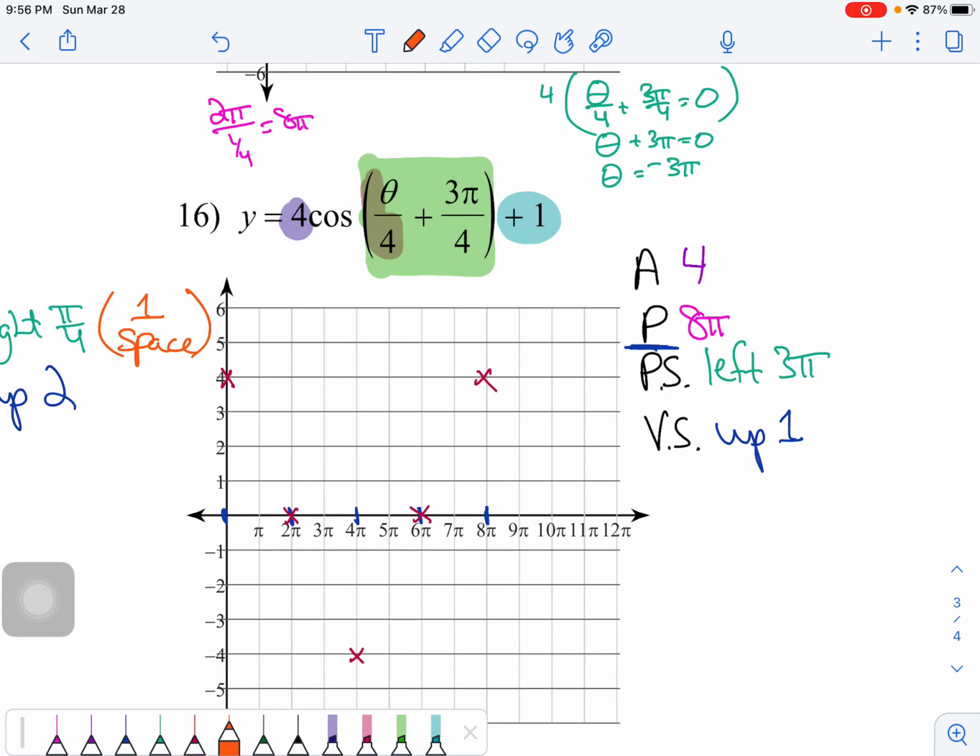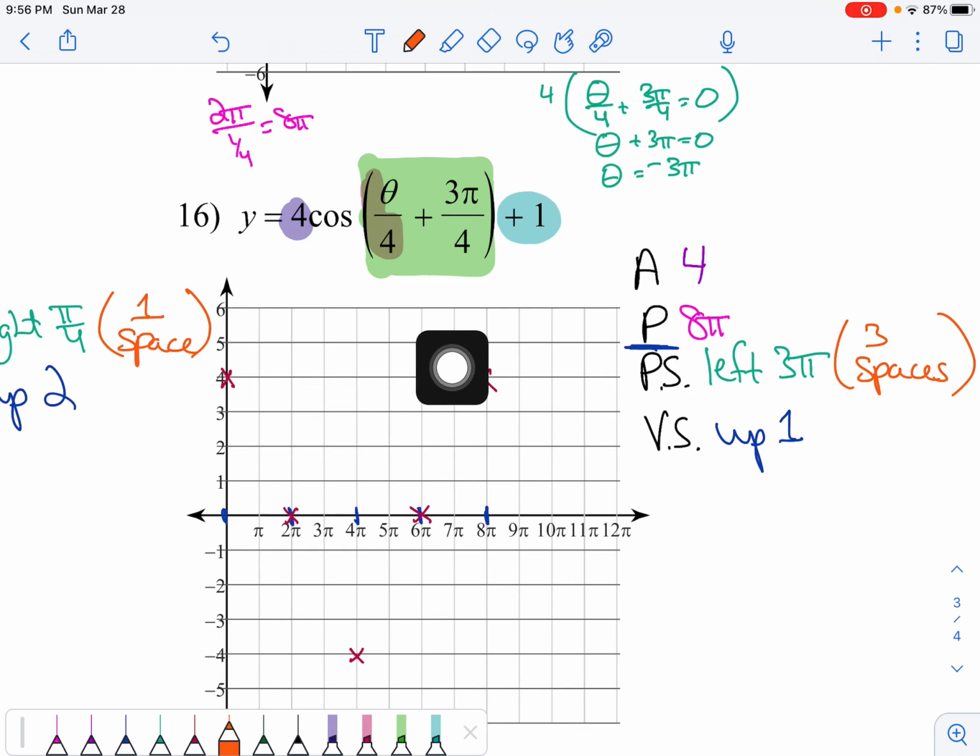However, every single one of these points has to move. Now, the only one we don't know is this left 3 pi. Well, the nice part is it's just 3 units or 3 spaces. So every one of these x's is supposed to move to the left 3 spaces. Now, these first 2, you don't even have space over here to move them, so don't bother.